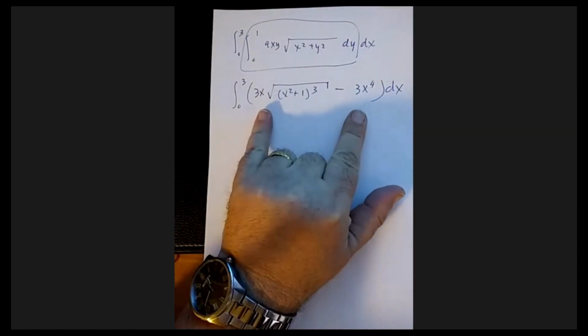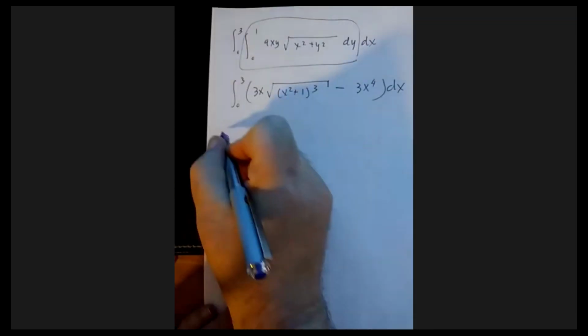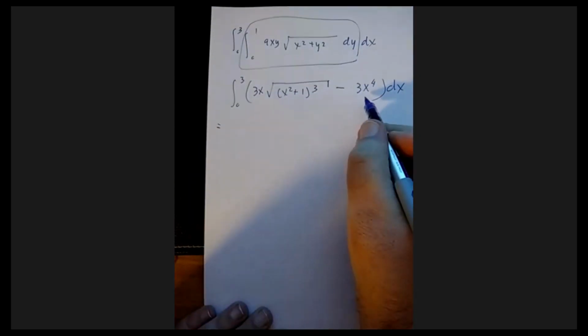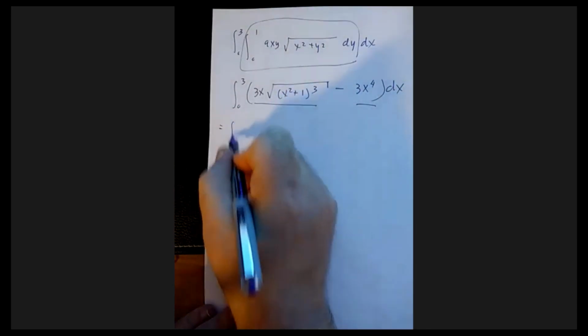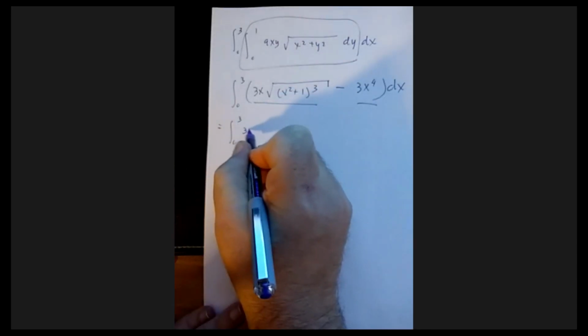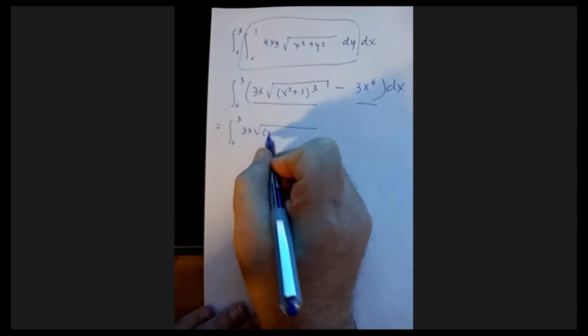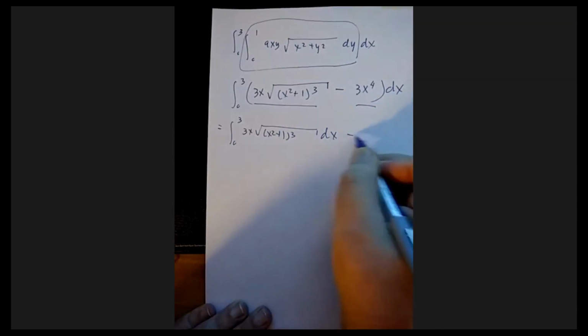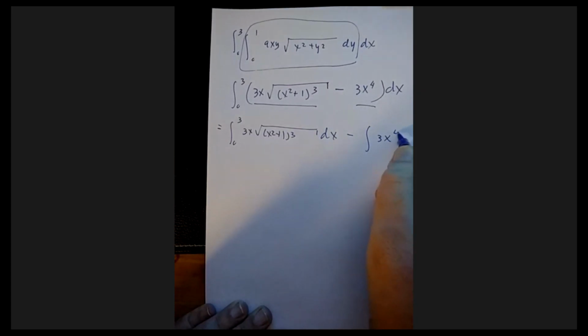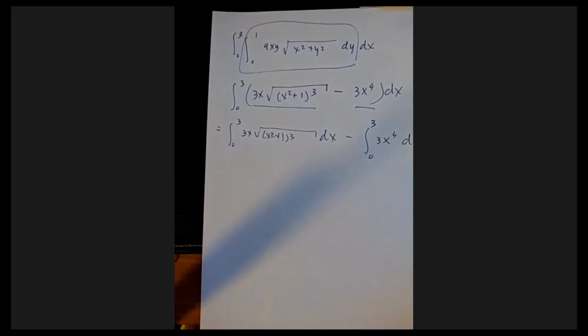Do you see that everything here has x's or numbers, so that's a good sign? So let's keep going. I want to integrate this piece and I want to integrate this piece. I would separate them out. This one here I can do pretty easily.